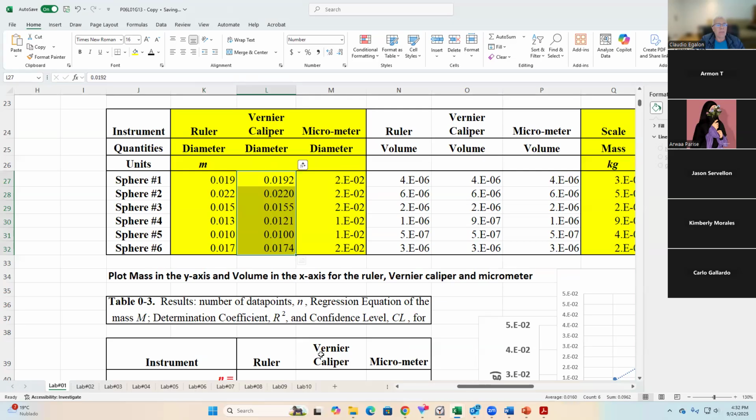Those measurements are very close to each other. But because the vernier caliper has a higher resolution, we can display this other decimal place here that the other one doesn't. Here you go. You have to display the zero. In this case, the zero is a significant figure. 155, 121, 100.